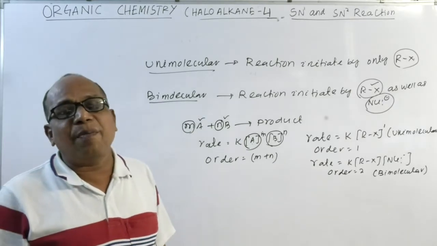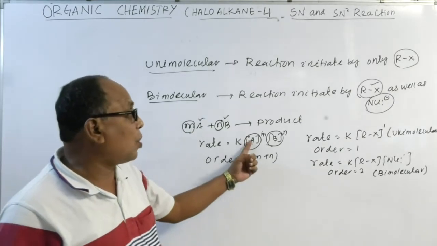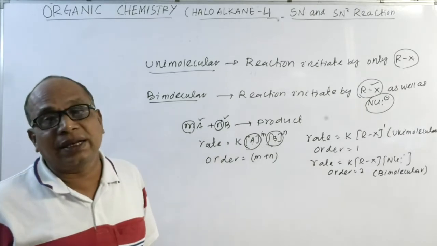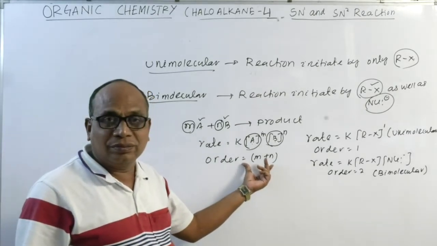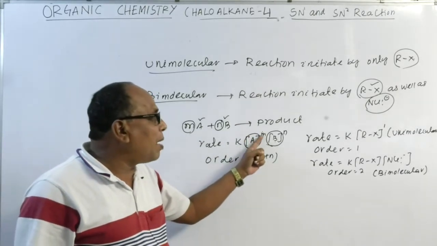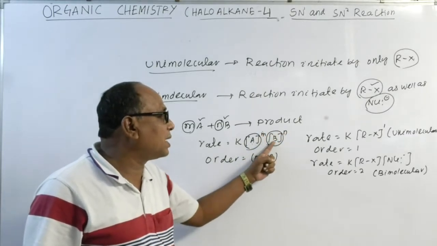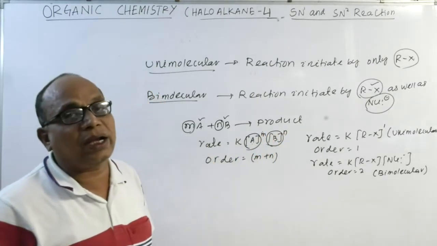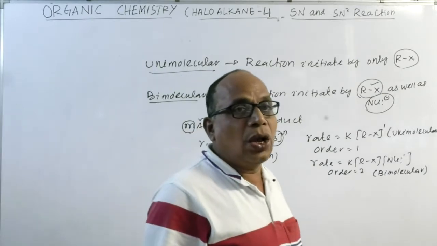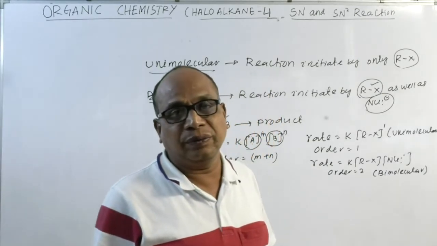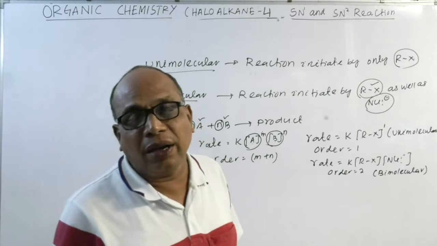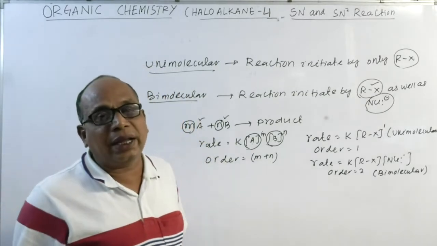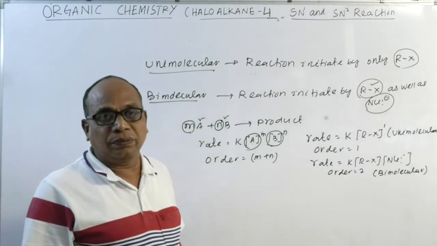Order means the sum of powers of molar concentration terms in the rate law equation is known as order. That means the sum of powers of molar concentration terms in the rate law equation is known as order of the reaction. Are you clear? Now you know what is molecularity, what is order.